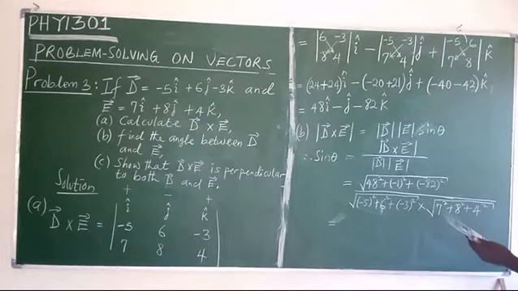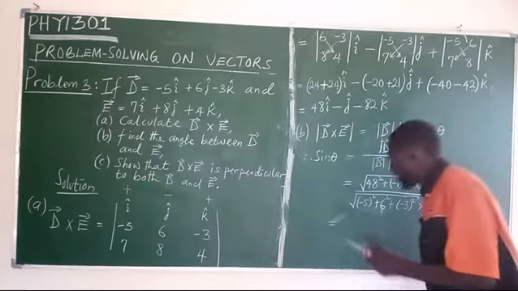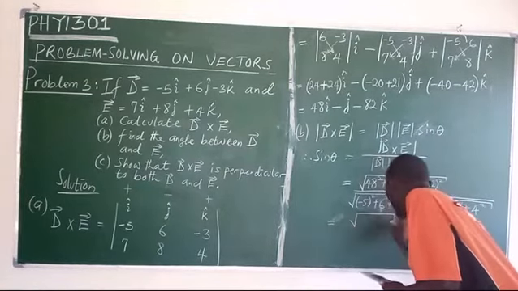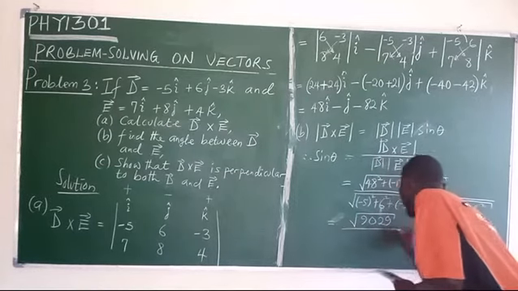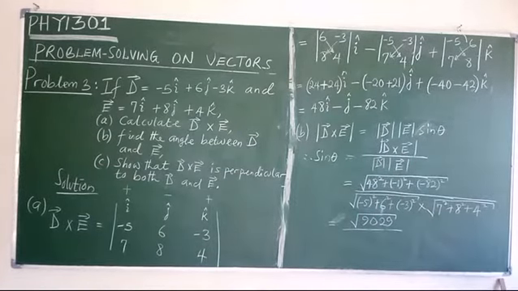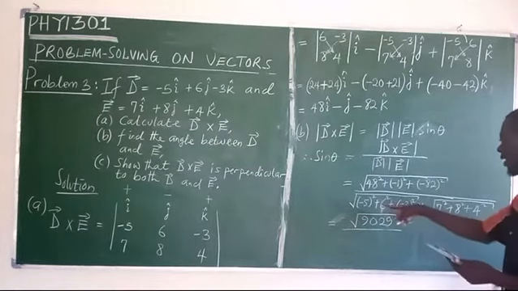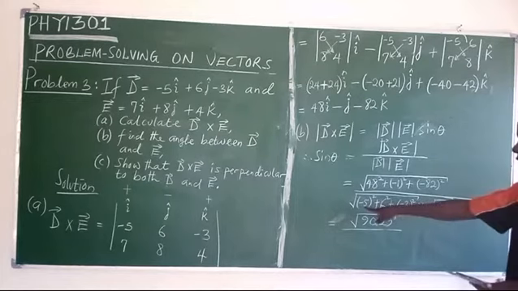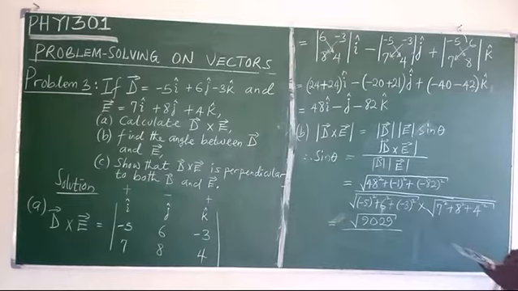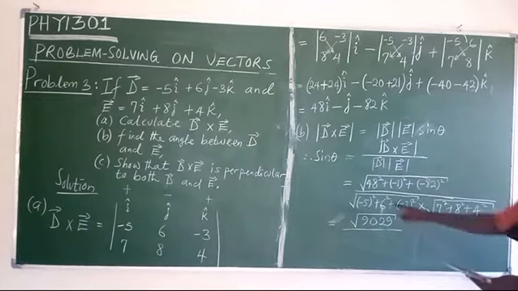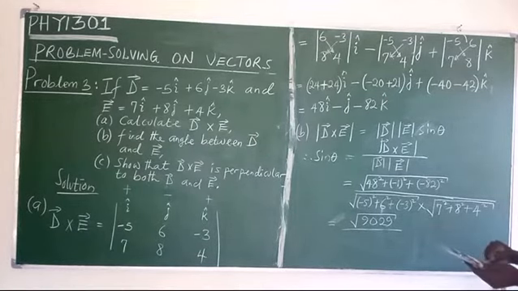This is 9029. So it means I have square root of 9029 divided by, okay, for the next one, I have square root of this. So again, I will ignore the negative sign. I will only press 5 squared plus 6 squared plus 3 squared, and this will be 70.